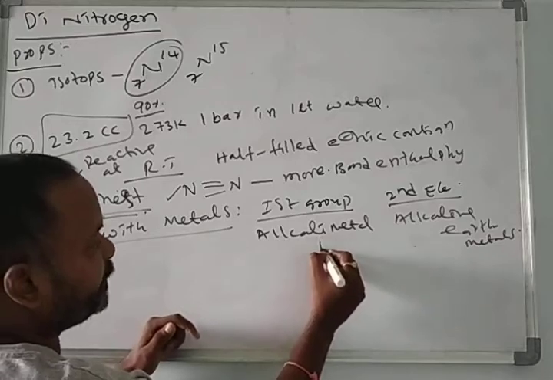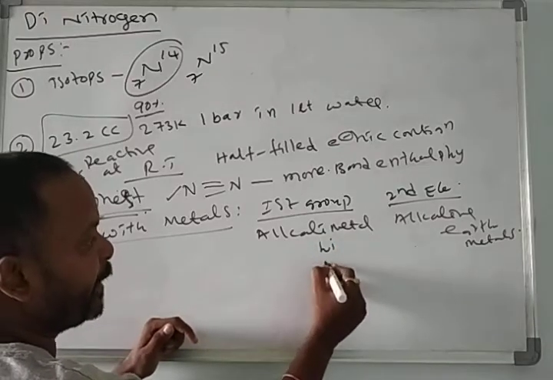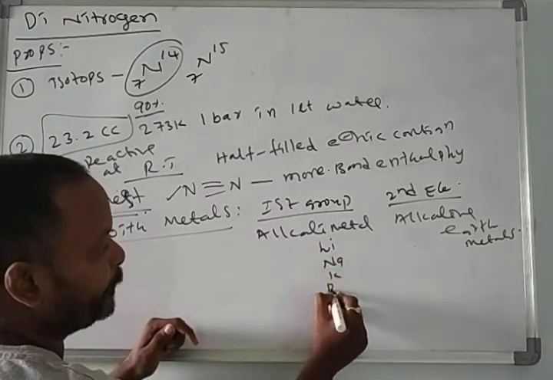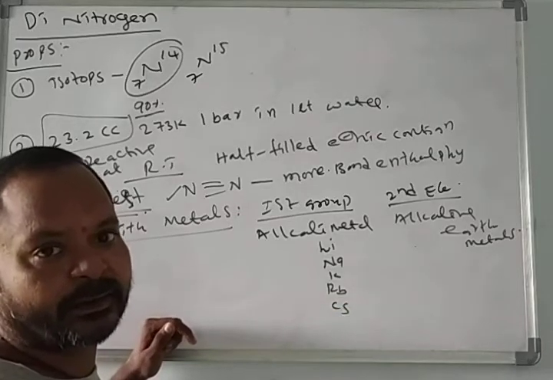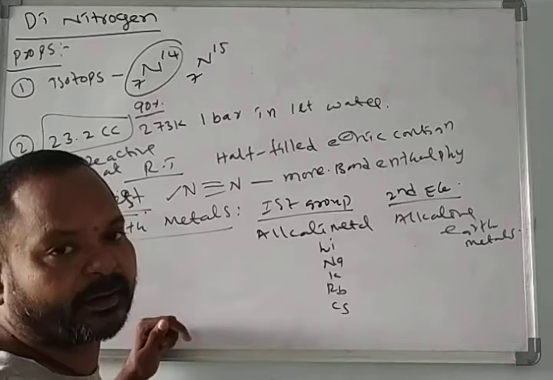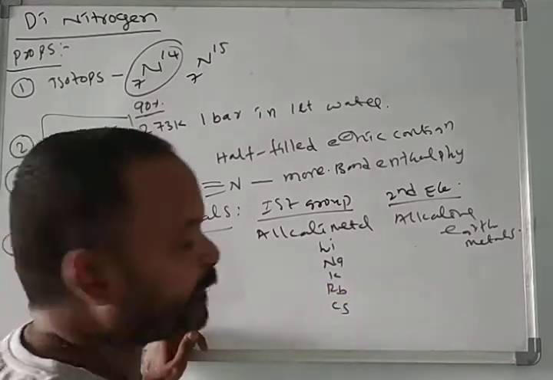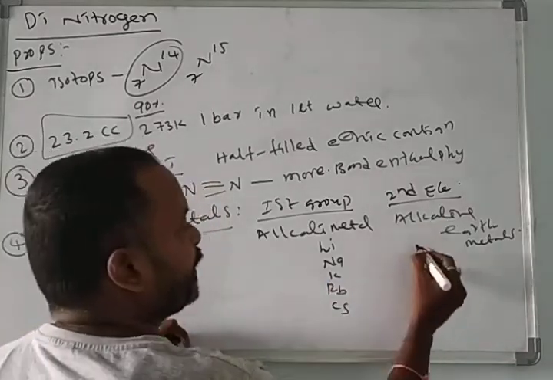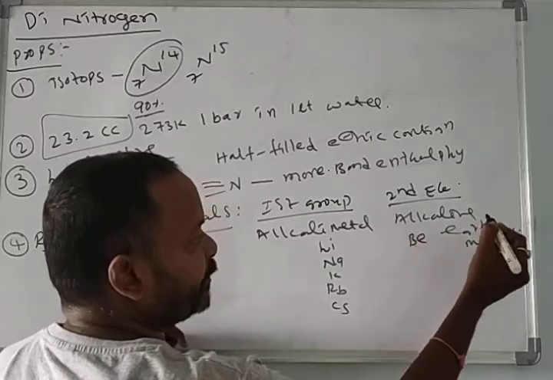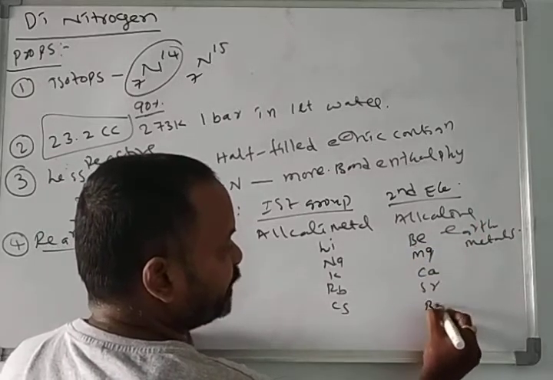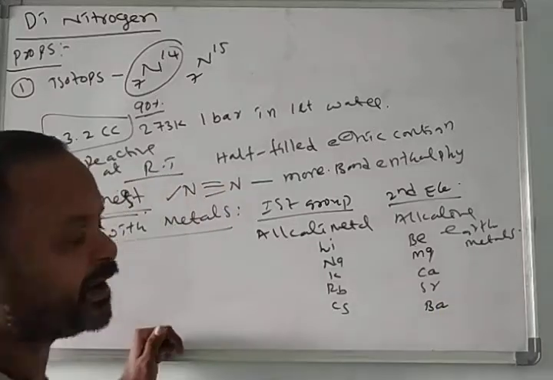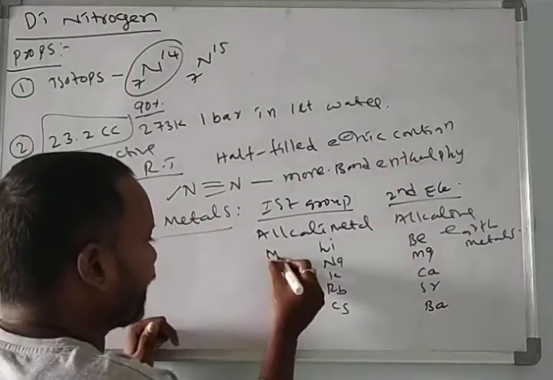First group elements start with lithium, sodium, potassium, rubidium, cesium. We can't consider francium. Francium is a radioactive element, and we can't consider the properties of radioactive elements. Alkaline earth metals means beryllium, magnesium, calcium, strontium, barium. Radium is also a radioactive element.